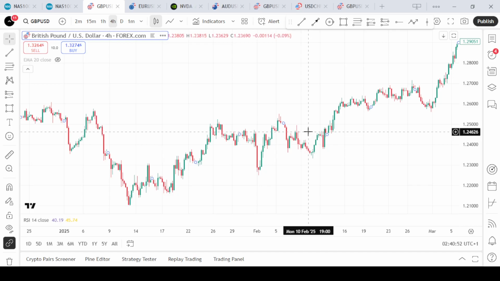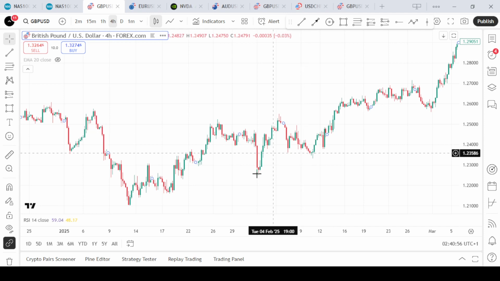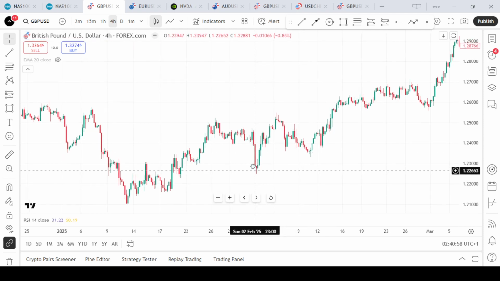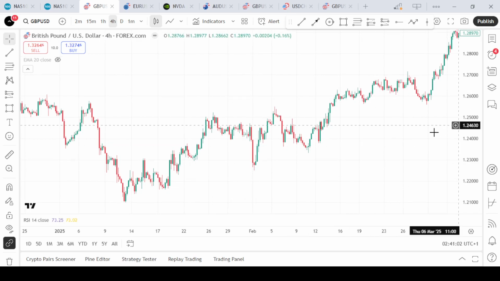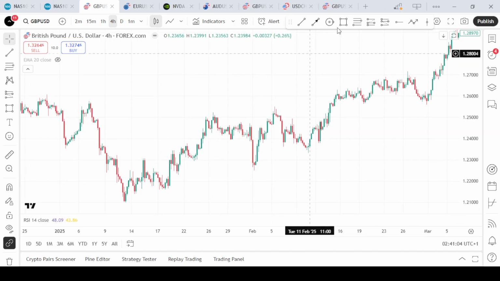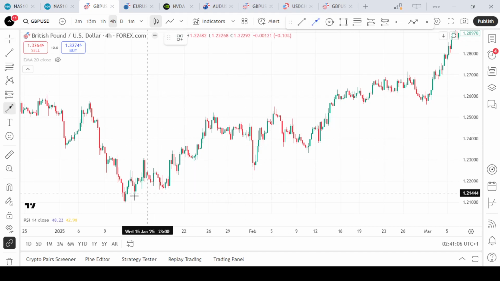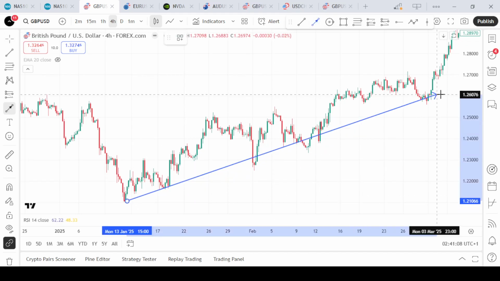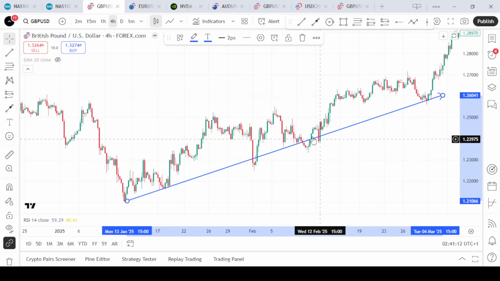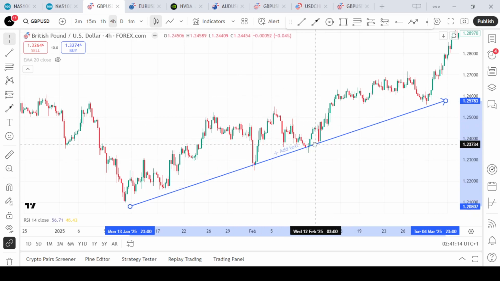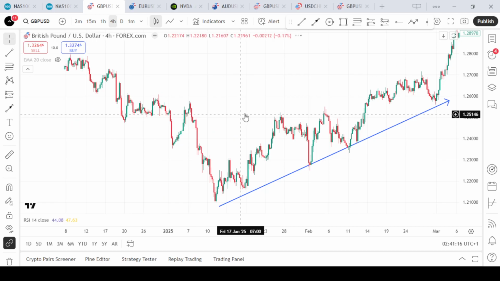Understanding the trend can be characterized into three main types: an uptrend, a downtrend, and a sideways moving market. This is a typical example of an uptrend, when the market is trending to the upside, making a series of higher highs and higher lows, and is respecting our trend line to the upside.